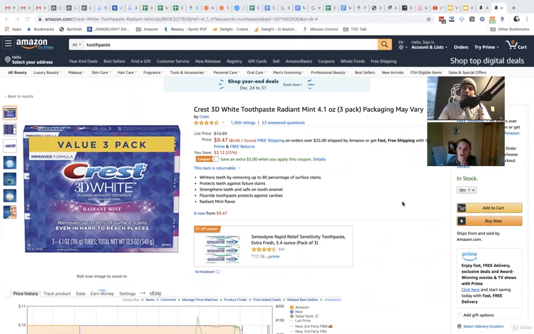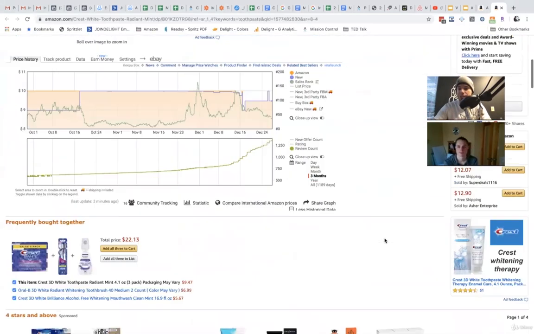So what we see working best for manual product targeting ads is going and finding those ASINs that are getting some traffic, but maybe their images aren't very good, their value isn't very good. The value is high on this one, a 3-pack for $9.47. Let's say that you're selling a 5-pack for the same price. Well, maybe you want to go advertise on that listing because you have a better overall value, and the customer is likely to buy your product instead of the product that they actually went and visited.